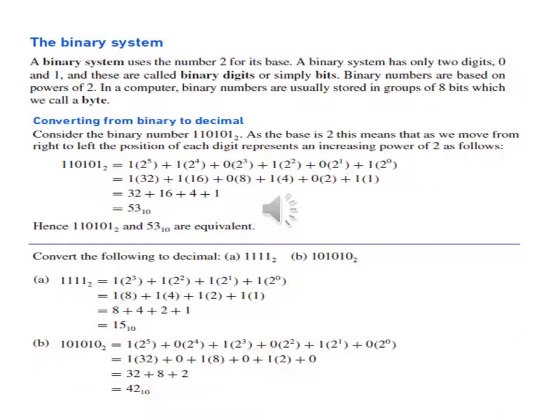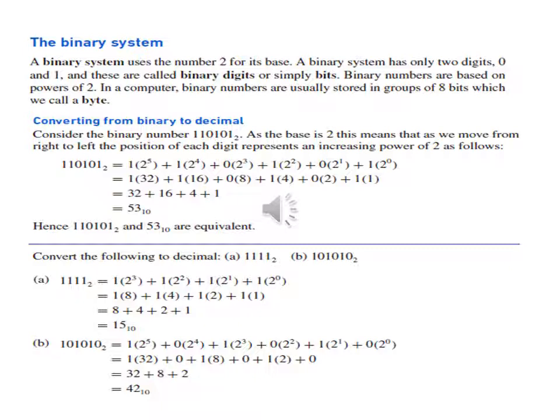The binary system uses the number 2 for its base. A binary system has only 2 digits, 0 and 1, and these are called binary digits or simply bits. Binary numbers are based on powers of 2. In a computer, binary numbers are usually stored in groups of 8 bits, which we call a byte. Converting from binary to decimal, consider the binary number 110101 base 2.